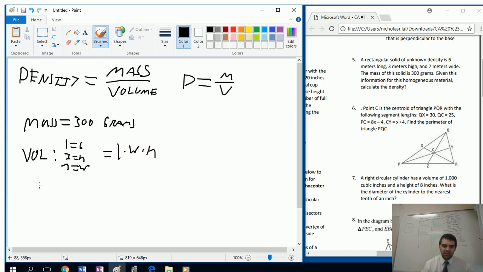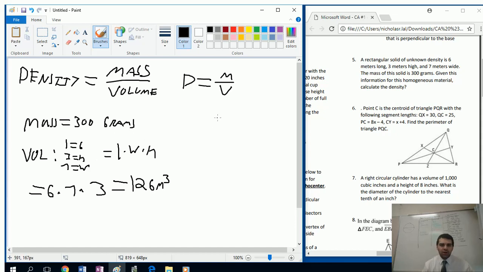So it's going to be equal to 6 times 7 times 3. And so that will be, as I check my notes, as I've already done this, 126 meters cubed. So that's our volume. This is our mass.